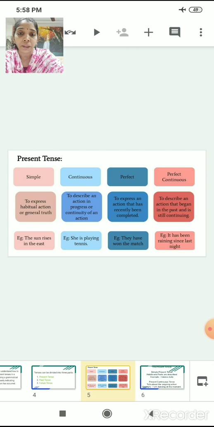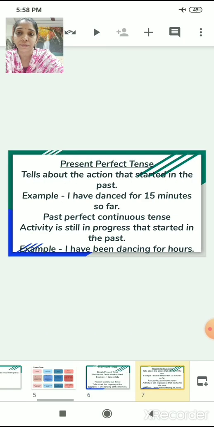The next type is present perfect tense. Present perfect tense expresses an action that has recently been completed. It recently got completed. So what is the example here? They have won the match. I'll give you one more example for this.